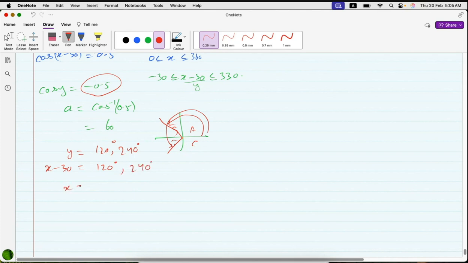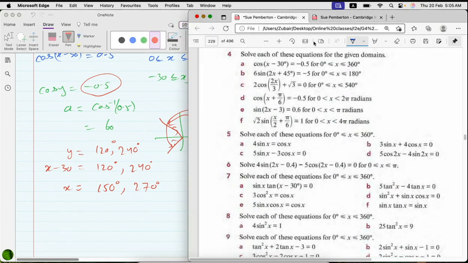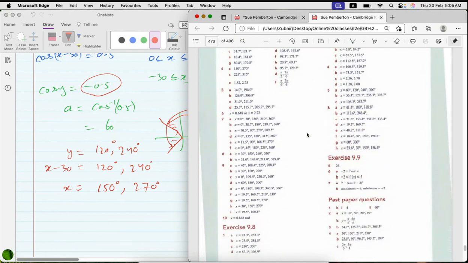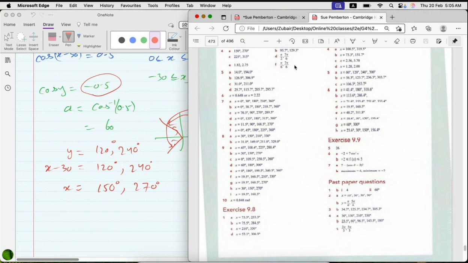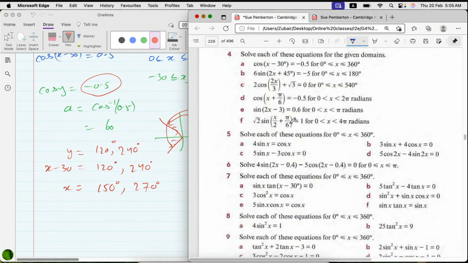So for x, it goes to the other side and gets added, becomes 150, and 240 plus 30 is 270. So this was question 4A, 9.6. Question 4A is 150 and 270. Okay, try the B part, 4B.